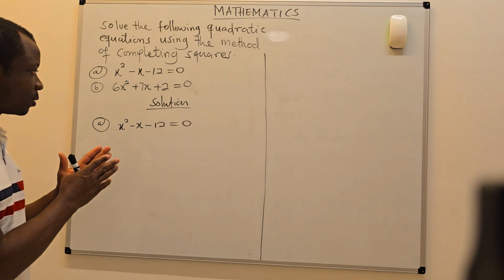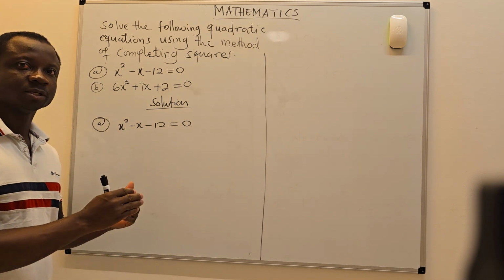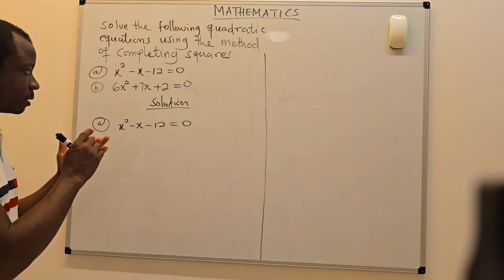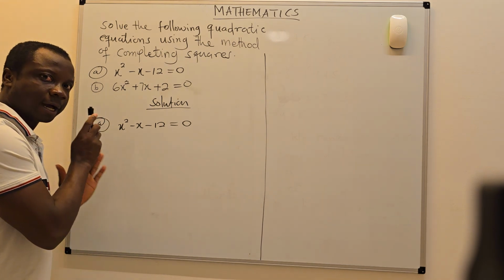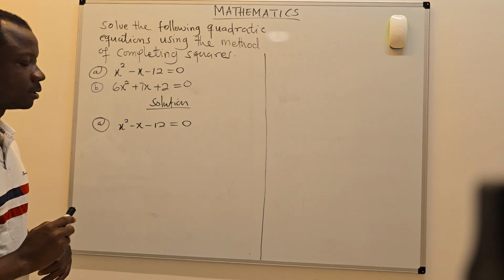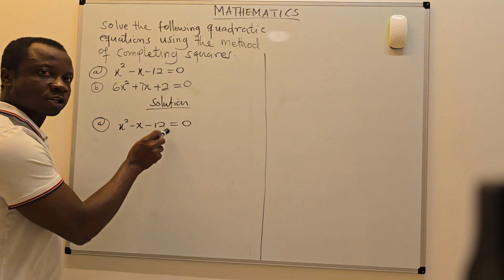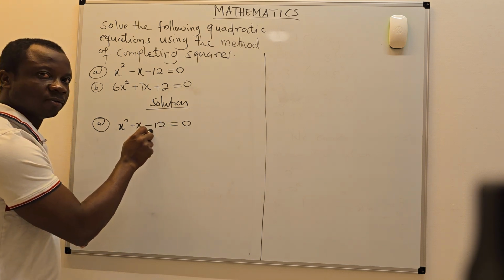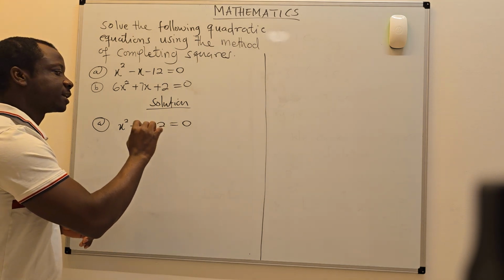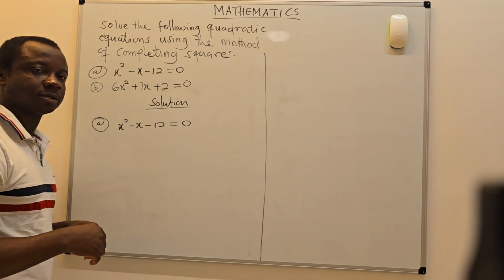This is how I always solve my quadratic equation when I want to use the method of completing squares. The first step is to make sure that the coefficient of x squared is 1. Now it is 1. The second step is to move the constant term, negative 12, to the right side of the equation.